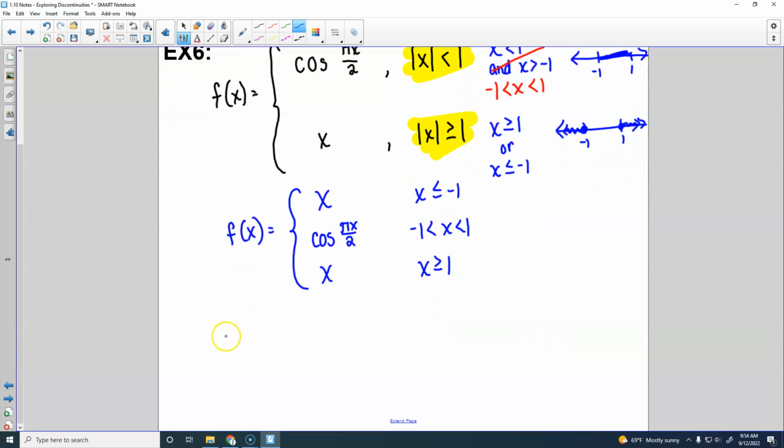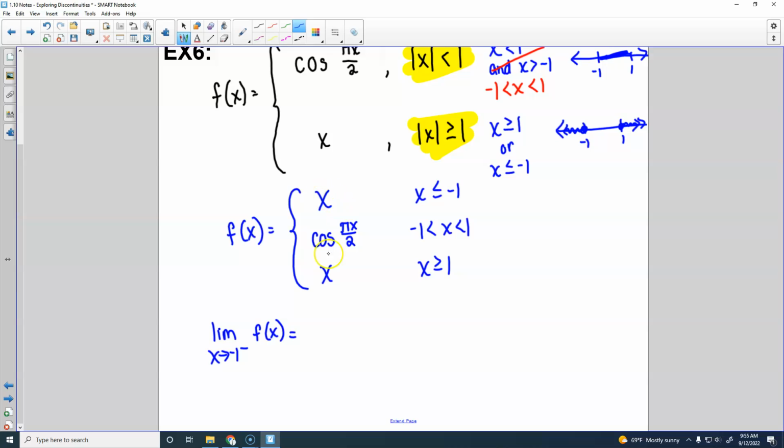Okay, so if we want to do this without actually having to graph this, what we are thinking about doing is the limit as x approaches -1 from the left of f of x. The leftmost function right here at -1 is x, right?